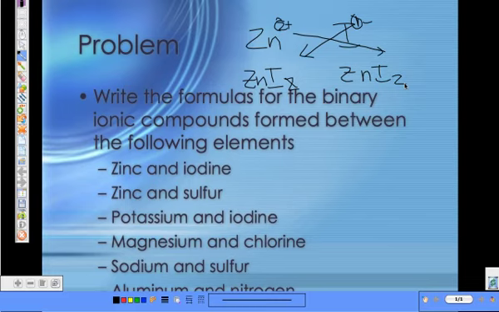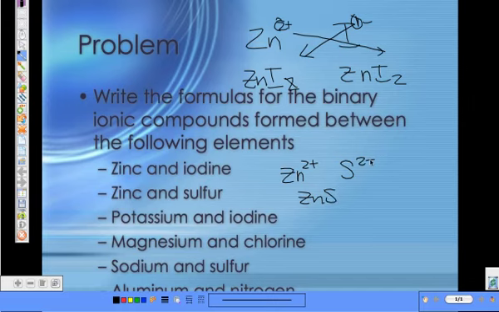So zinc and sulfur, we know zinc is 2+. What about sulfur? 2-. So how many sulfurs or sulfides do we need to balance out zinc? 1. We only need 1 of each, because we have a 2 plus and a 2 minus. They balance each other out.